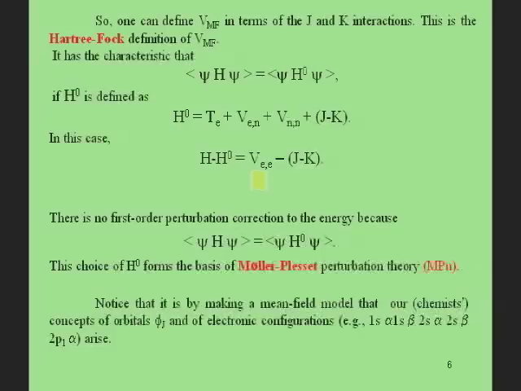The perturbation H minus H0 is the electron-electron repulsion minus J minus K. To calculate the first order energy in Hartree-Fock theory, we take our Slater determinant, in the middle we put H minus H0, and on the right we put our Slater determinant. And the good news is that vanishes. The first order energy correction vanishes.